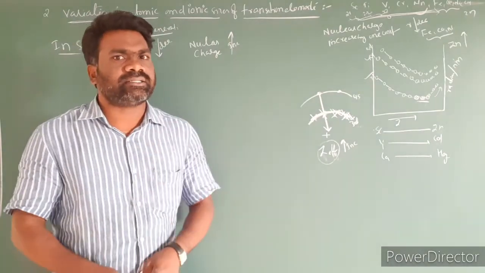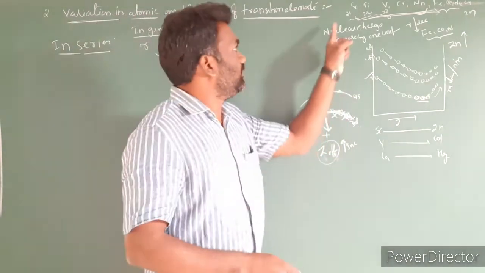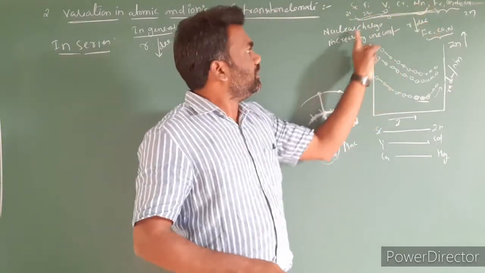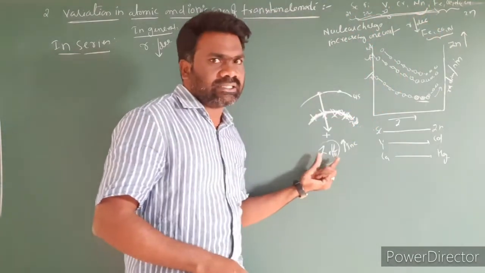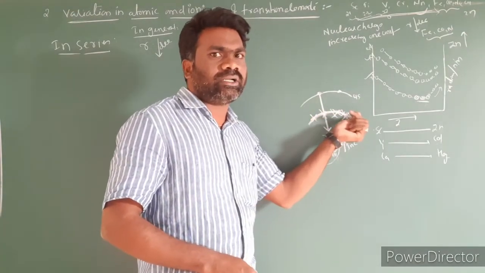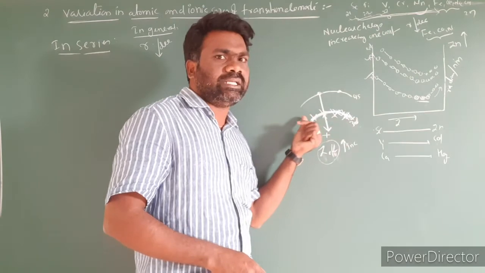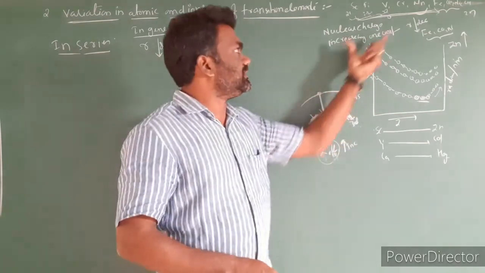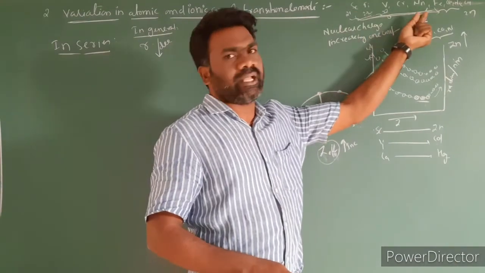So I discussed three cases here. The first case is from scandium to manganese: nuclear charge is increasing, and the repulsion of inner shell d electrons is not effective. As a result, size decreases from scandium to manganese.